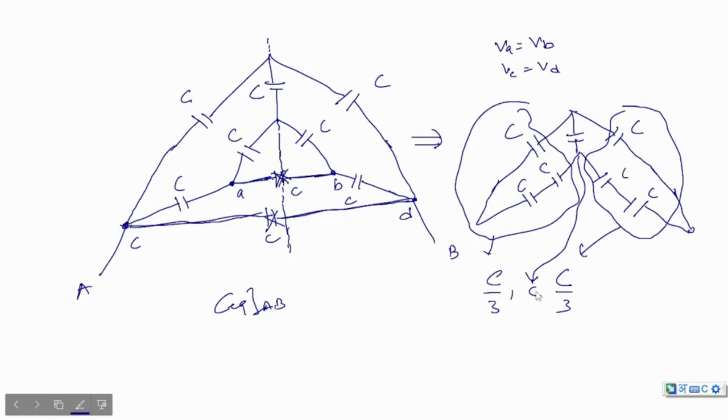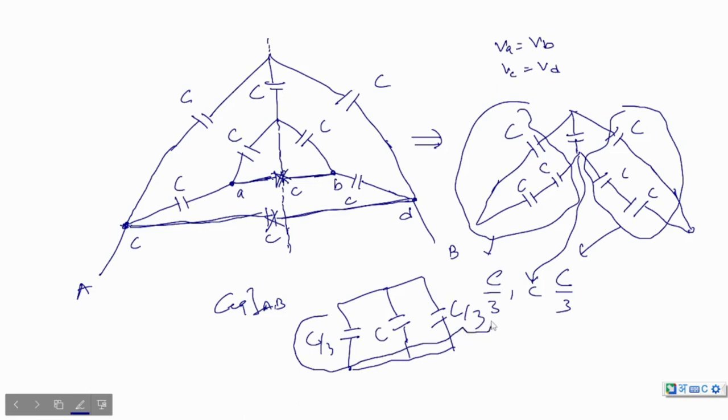Now we have got a circuit like this. Here it is C by 3, here it is C, and here it is again C by 3. So you can do this problem. See, these points are in parallel, meaning the potential difference across them is the same.